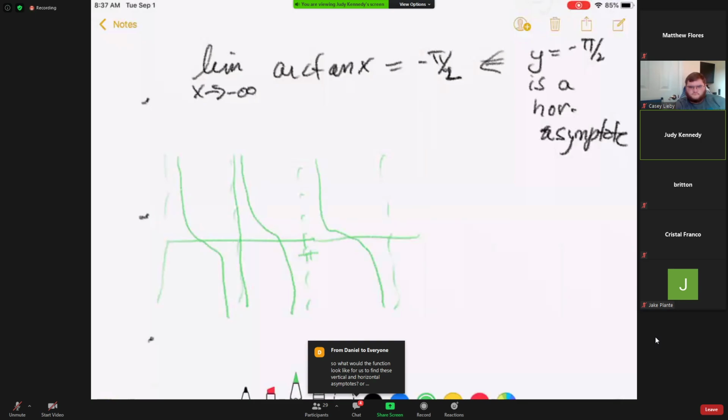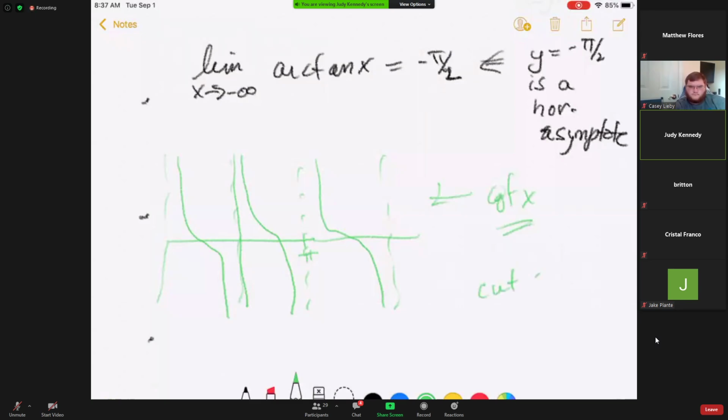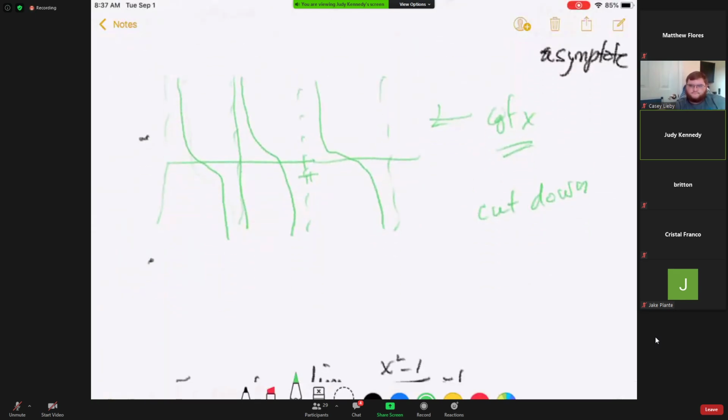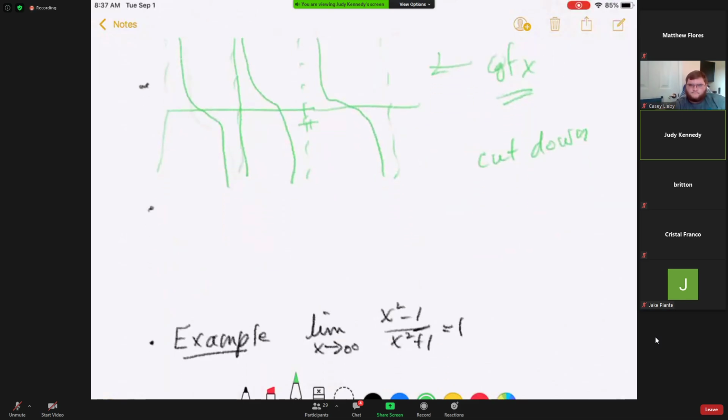So the cotangent, that's very rough. Okay, cotangent of x looks like that. Again, you're going to cut it down to make it 1-to-1, because you've got all these curves. That's far from 1-to-1. So cut down, oops, and I don't want to do this example anyway, so let me just erase it.